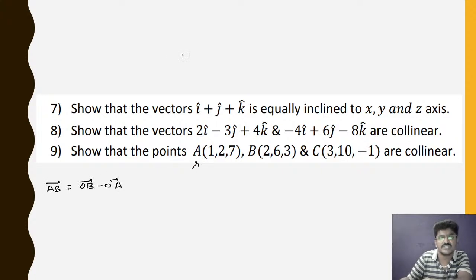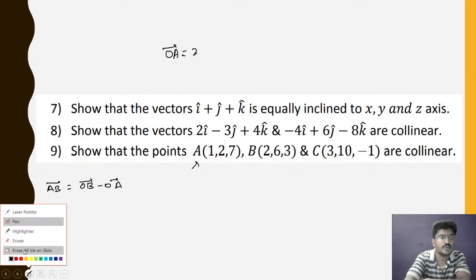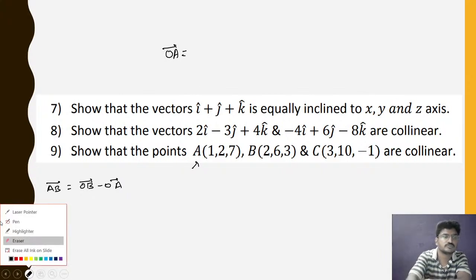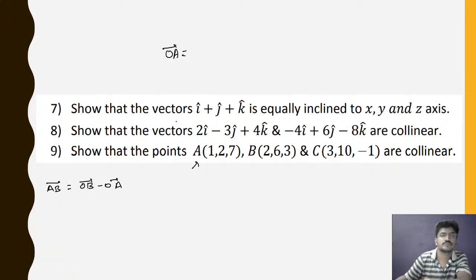This is nothing but the OA vector, that is I cap, sorry, not 2i cap, that is I cap plus 2j cap plus 7k cap.